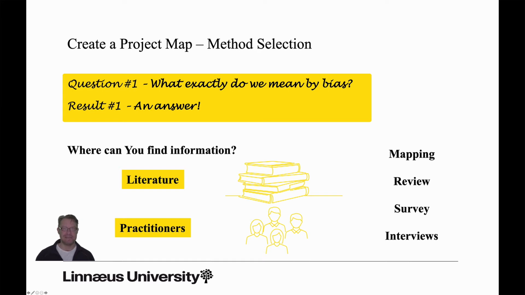So now you should excel in scientific methods, and well, you have to go and dig out some useful methods here. And well, where can you find information in order to come up with an answer to what exactly do we mean by bias? Well, as I hinted previously, in literature, of course, and from practitioners.